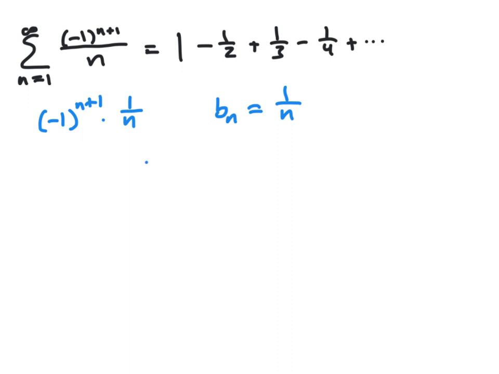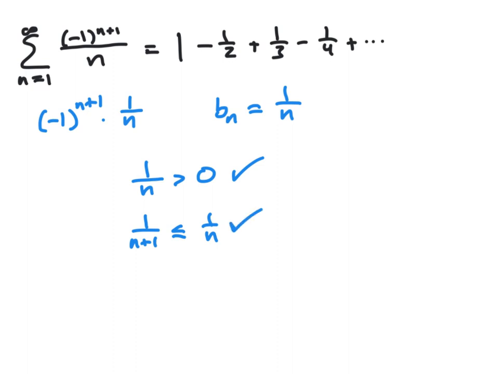The first thing is that we need to show that it is positive, and that is certainly true because n will be a positive number here. And so 1 over n is certainly going to always be positive. We need to show that these decrease, and so that means we need 1 over n plus 1 to be smaller than 1 over n. And here we have two fractions with a numerator of 1, and that means the one with the larger denominator will be smaller.